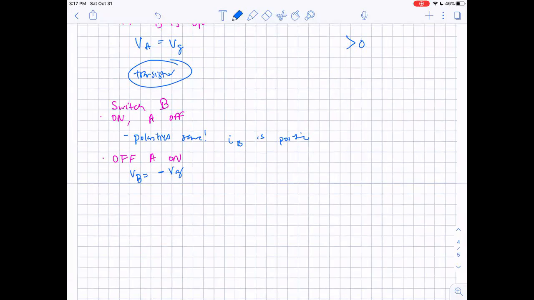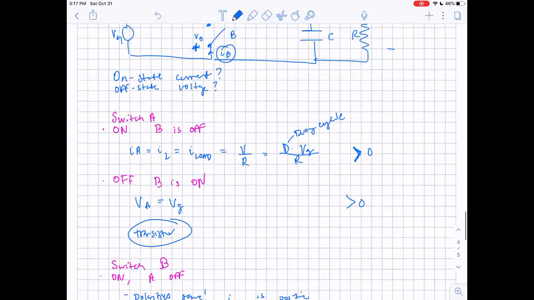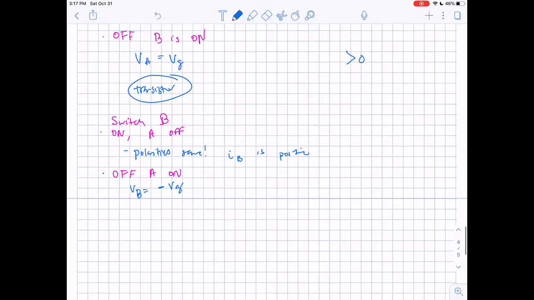It's blocking a negative voltage. In the case above, switch A is blocking a positive voltage and conducting a positive current. But in this case, we're blocking a negative voltage and conducting a positive current. We have a positive on-state current and a negative off-state voltage.